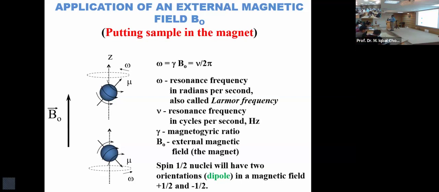Now my question to you: how come, on the face of the earth, the precession frequency of the 6 protons in ethanol is different? If we understand this concept, we understand half of NMR.